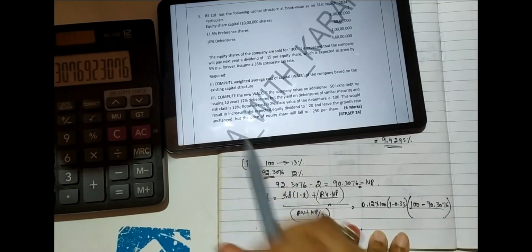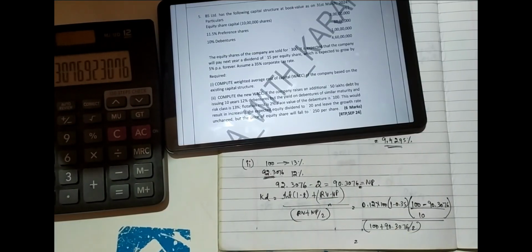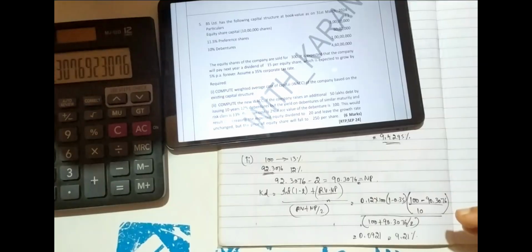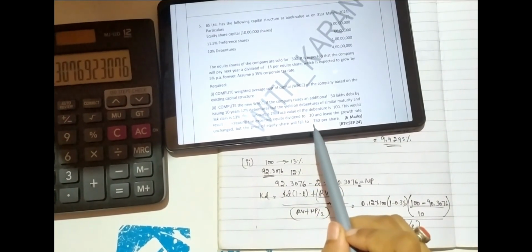They are issuing it for 10 years, so whole divided by 10, into 100 plus 90.3076 divided by 2. So this comes out to be 0.0921 or 9.21%, okay?